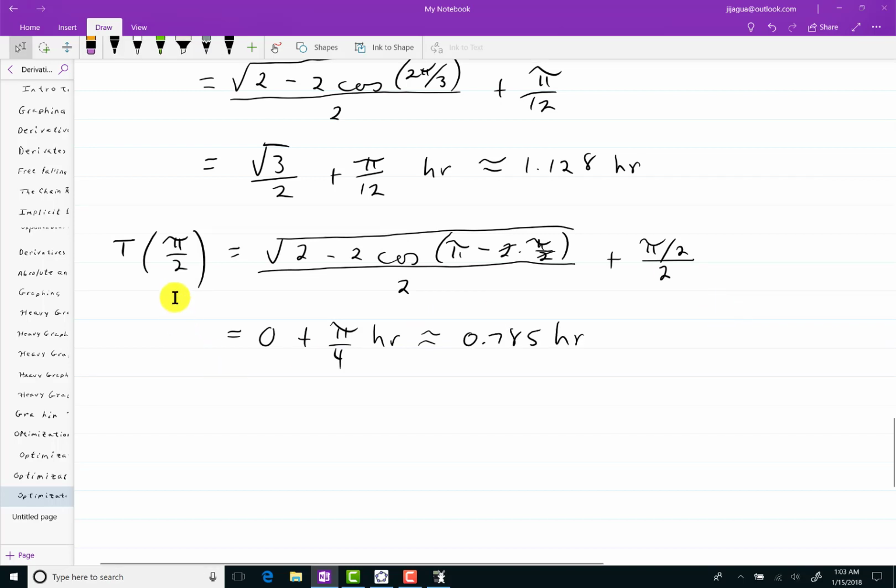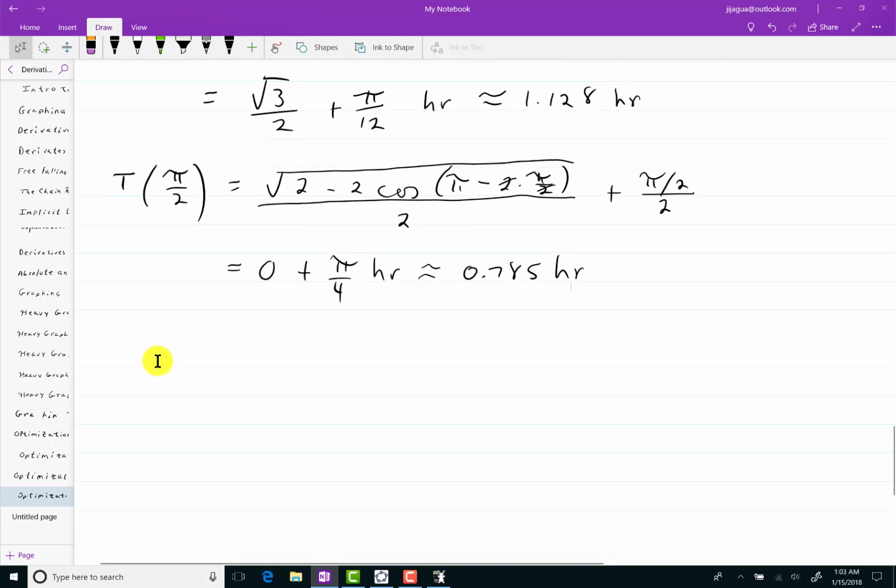So walking the entire distance is the fastest. So walking is fastest.